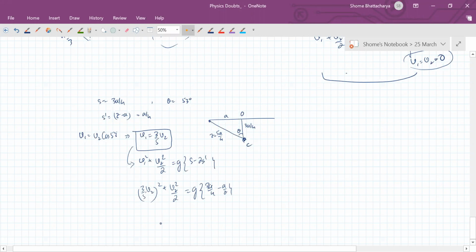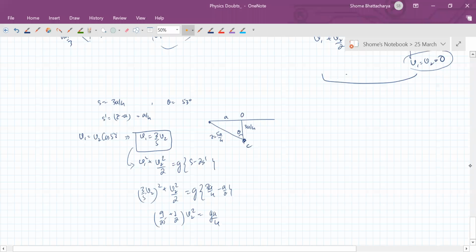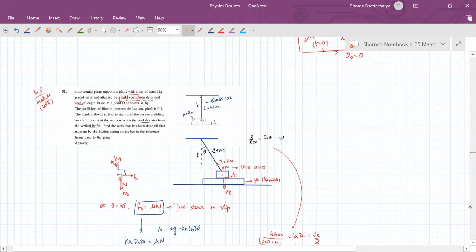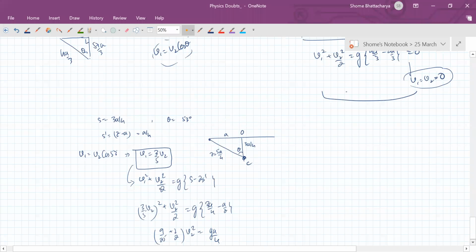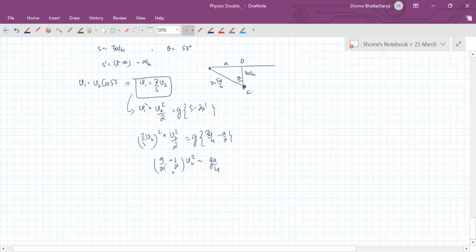So 9 by 25 plus 1 by 2, into V2 square, should be equal to 3 by 4 minus 1 by 2, which will give us A by 4, so G A by 4. So just check out, is this giving the value? So this will be how much? 25 plus 18.